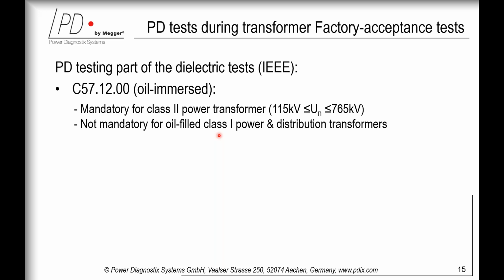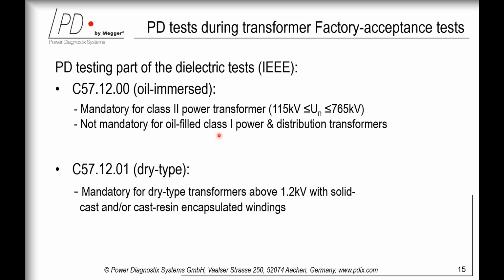A distribution transformer is usually any transformer with a rating between 5 and 500 kVA. For dry-type transformers, PD testing is mandatory for any transformer above 1.2 kV with solid cast and/or cast resin encapsulated windings. A specialty of the IEEE standards is the fact that PD testing is often still equated with RIV testing.